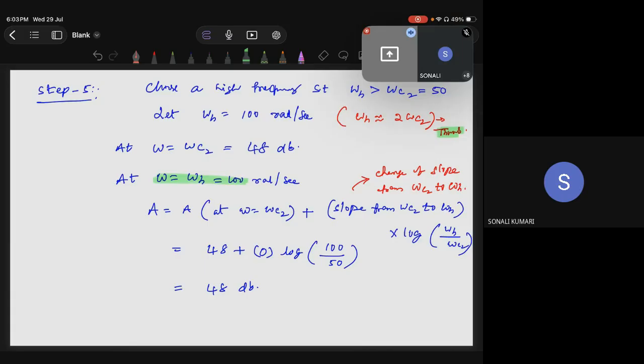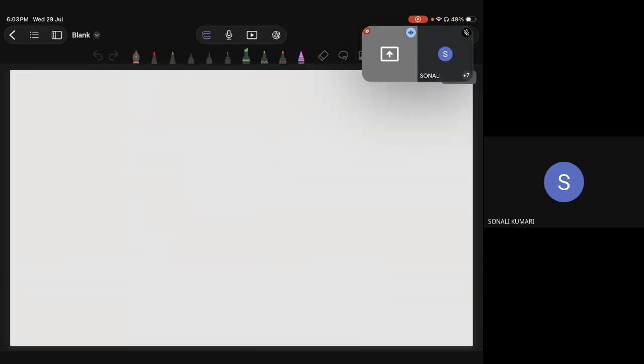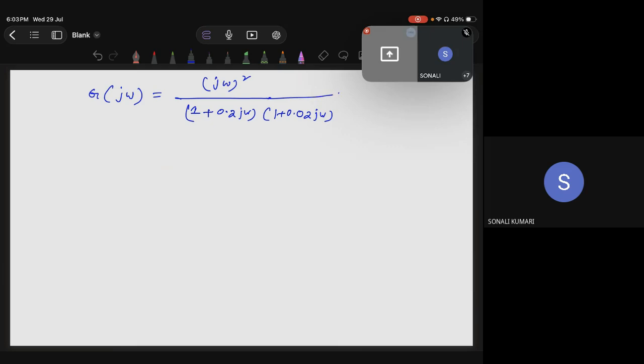Before drawing the Bode plot, we will also write the phase information. What is the G of j omega we have? It is 1 plus 0.2 j omega, 1 plus 0.02 j omega, with j omega squared, am I correct? The Bode plot basically involves drawing two things.